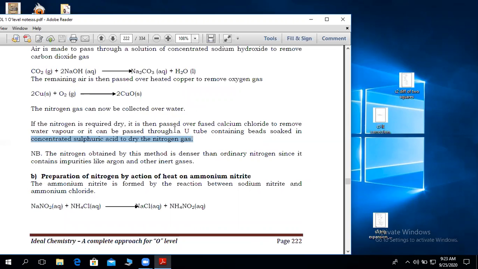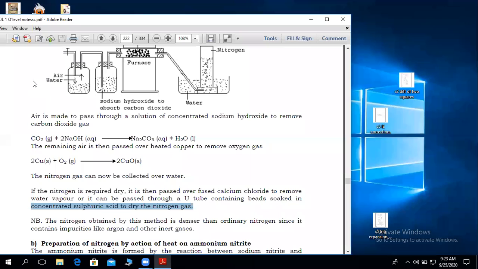So in summary, when you are preparing nitrogen in the laboratory, pass a sample of air through sodium hydroxide. Sodium hydroxide removes carbon dioxide. Then the remaining air contains oxygen and nitrogen. What do you do there? You pass it over heated copper, which removes oxygen. The equation is here.